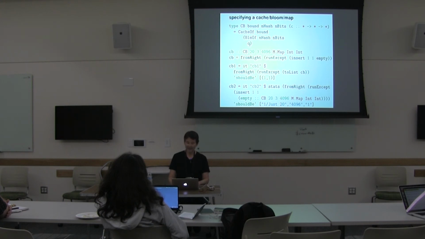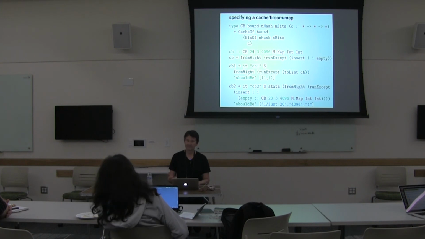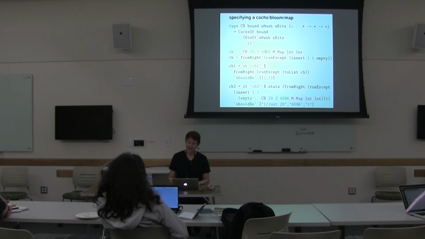To actually use that, for this particular one, I just want 20 things in the cache, 20 possibilities, a pretty small cache, 3 hashes, 4096 bits in the bloom filter, and then the underlying map. Then I create one of these by inserting something into it.